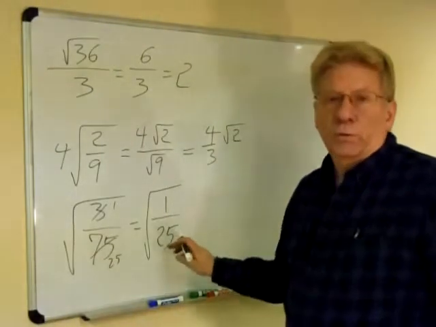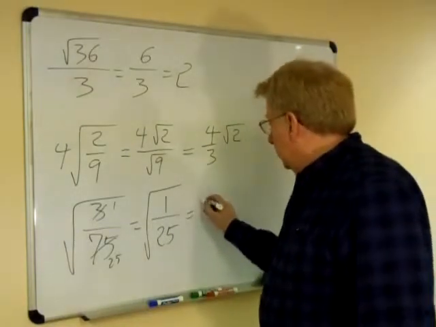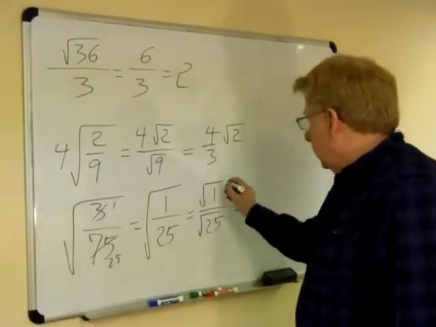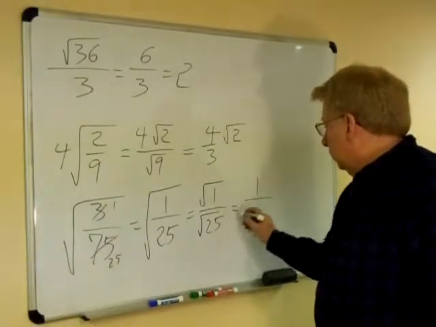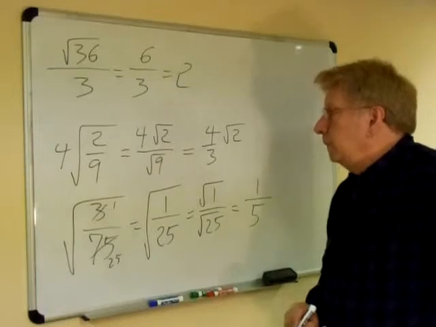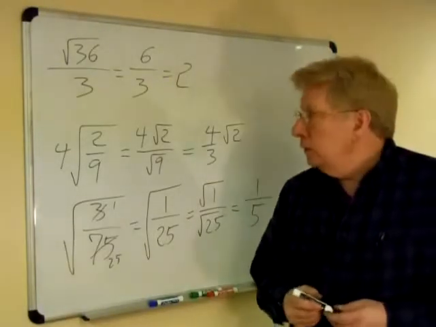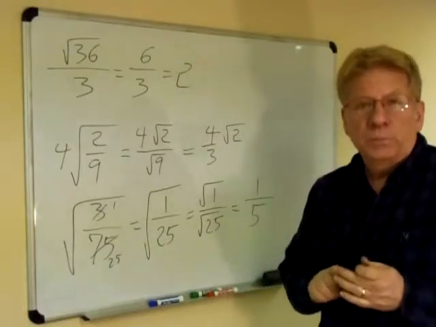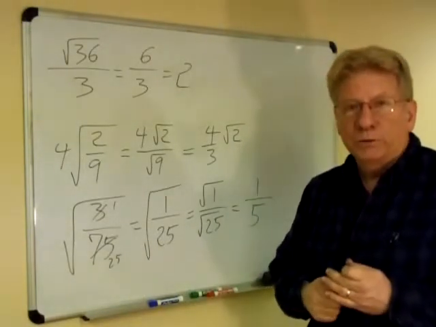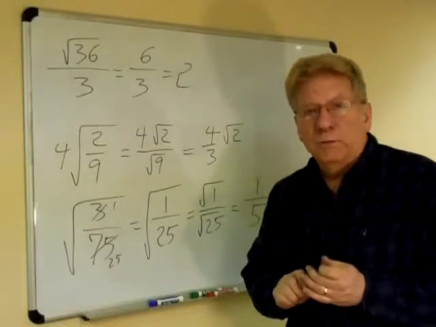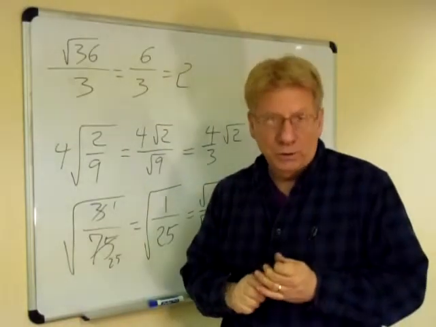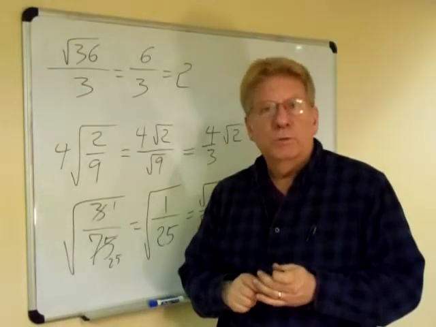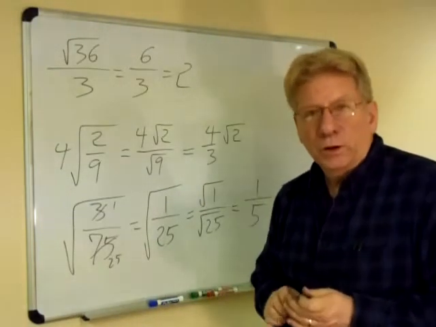Both of these are perfect squares, so we can split them up: the square root of 1 over the square root of 25. The square root of 1 is 1, and the square root of 25 is 5. So these are some ways we can use the quotient property to manipulate the radicals. And of course, if you get lost, you can always use your calculator and take the square root, or whatever root it is, of the number you're concerned with.